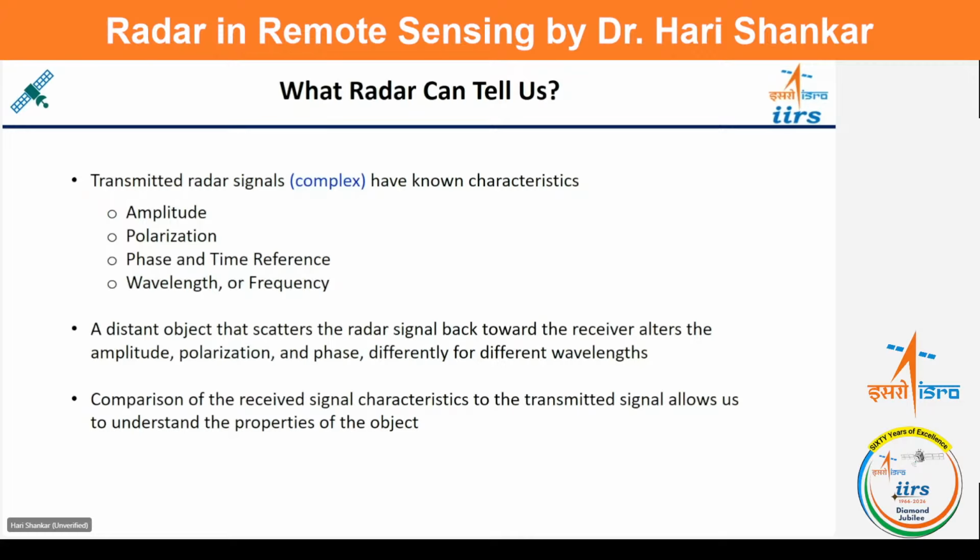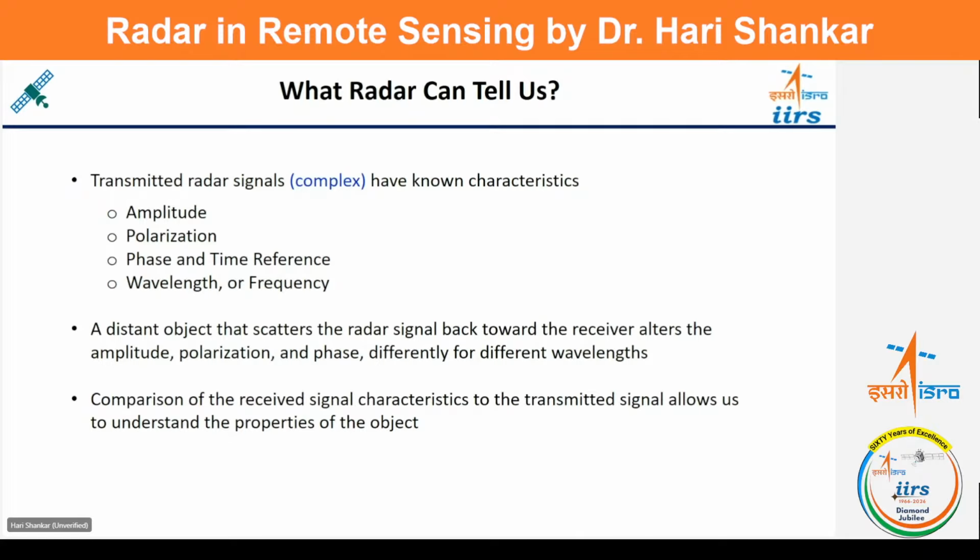Yesterday we discussed the functioning of the radar: radar works in the side-looking mode, and it is governed by two types of resolutions, azimuth resolution and range resolution, and the beam width is there. Apart from optical systems, radar works in the side-looking mode.